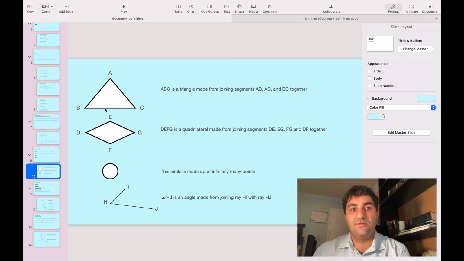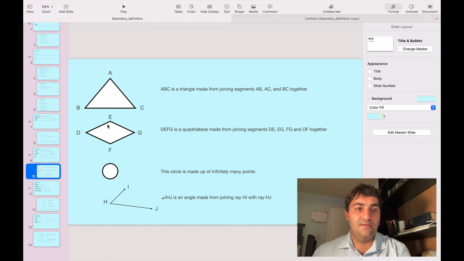ABC is a triangle, and we can see there are three segments, AB, BC, and AC. We joined all of these segments together to get a triangle, and they have to be closed, of course. We can see that there are only three vertices to this type of shape.